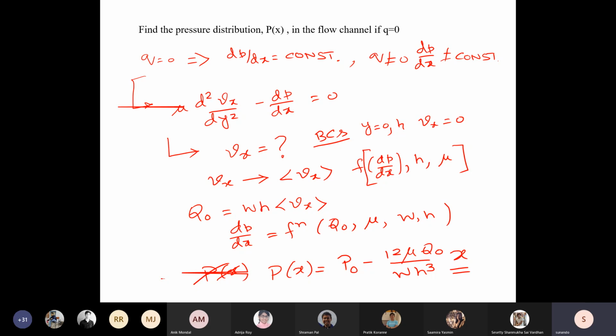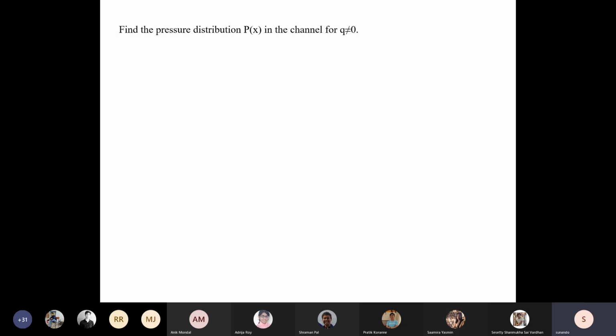If there are no questions, then I move to the second case where small q is not equal to 0. If I draw a small section of the channel, you have Q naught in here, and you have small q going out of this.